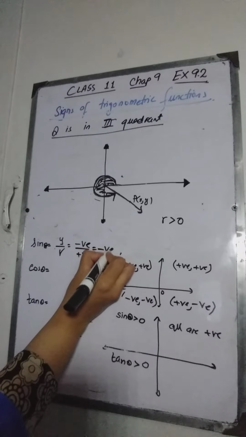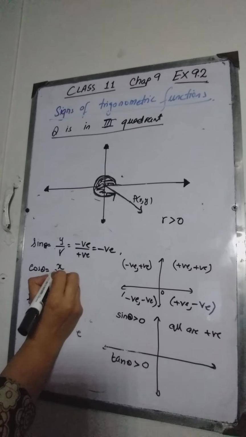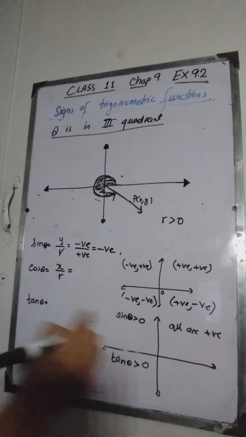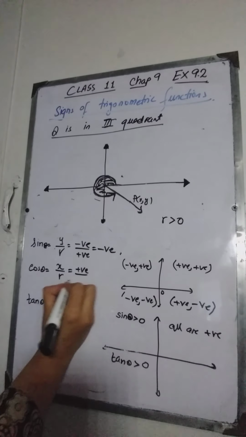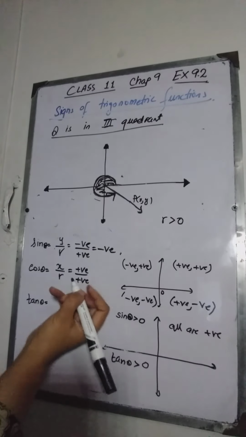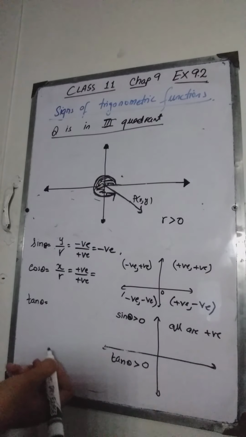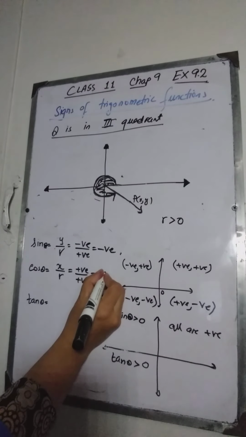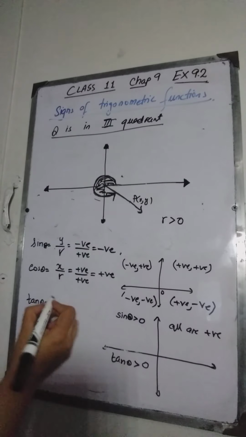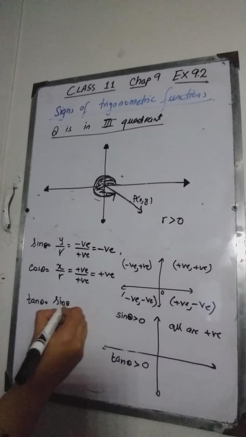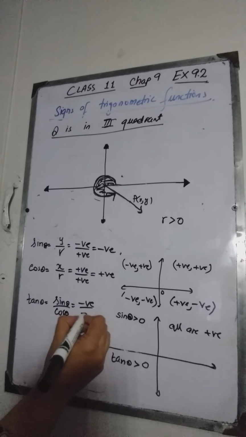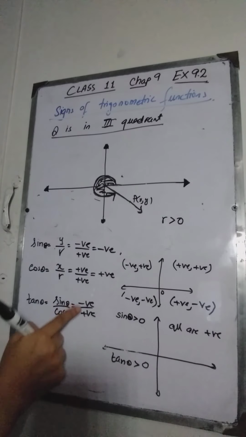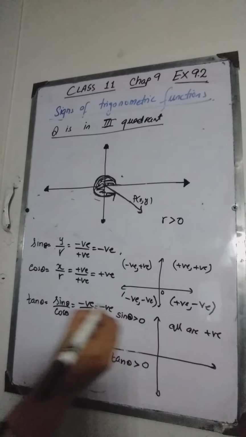And cos theta is x over r. x is positive in the fourth quadrant, and r is always positive, it can't be a negative number, so cos theta will be positive. Now coming to tangent theta, it is going to be negative because sine theta is negative in this quadrant and cos theta is positive, so negative over positive makes a negative sign.